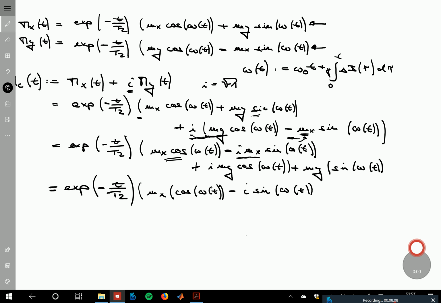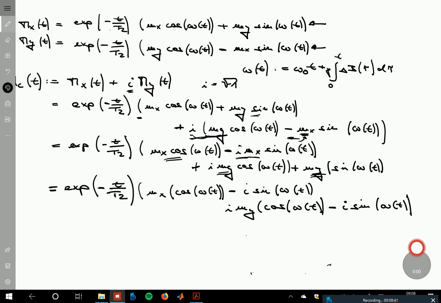And here we can actually take the my out, so this and this, and the i, so we do i my cos omega t, and then use also a minus i sine omega t inside this bracket.